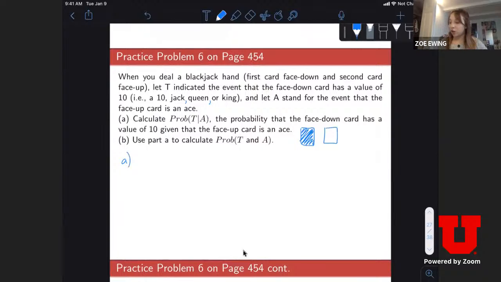The actual formula for this, the probability of T given A, is the probability of T and A over the probability of just A. And this is what's making our sample space a little bit smaller. So let's first find the probability that the face up card is an ace.